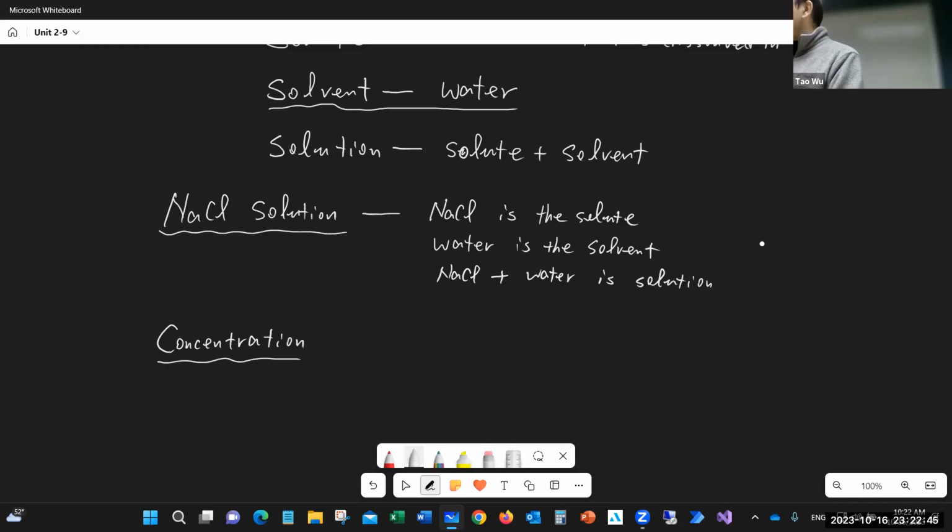Would be the ratio of solute and solvent. Yeah, there are a lot of ways to represent concentration, but generally it just talks about how heavy or how strong the solute is, or how much solute is inside of the solution, in a particular unit. Okay, so that is what we call concentration, right?